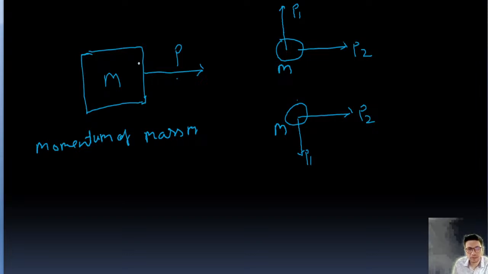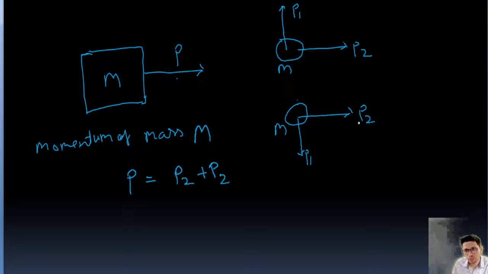The momentum of mass, I'm talking about capital M, is going to be P, which equals P2 plus P2 along the z direction.